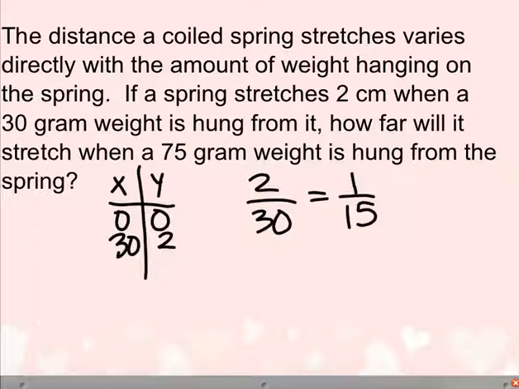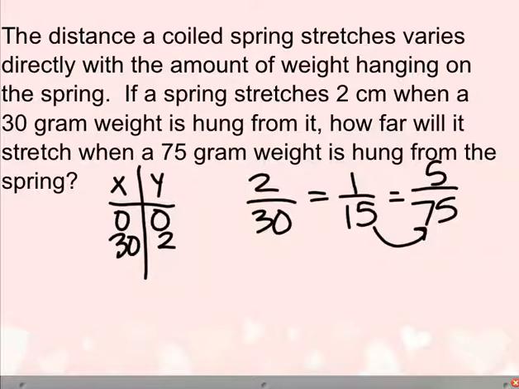So if now we have 75 grams of weight, well, this is just proportional. That's what our direct variation is. We have constant proportionality. So 15 can go into 75 5 times. So we would say this would stretch 5 centimeters.